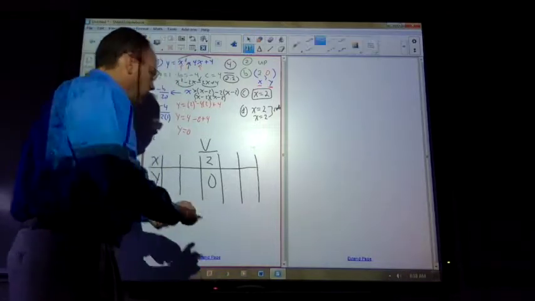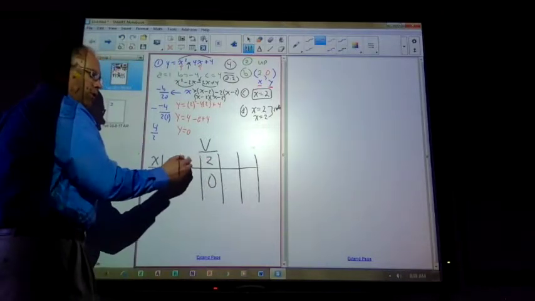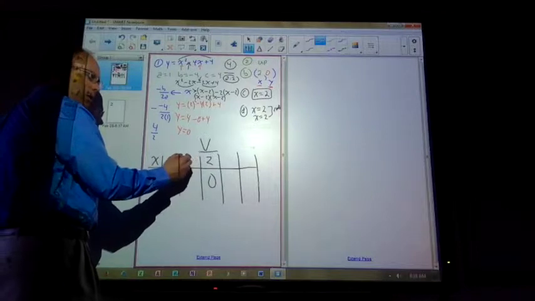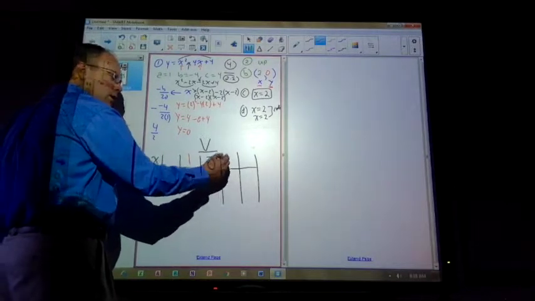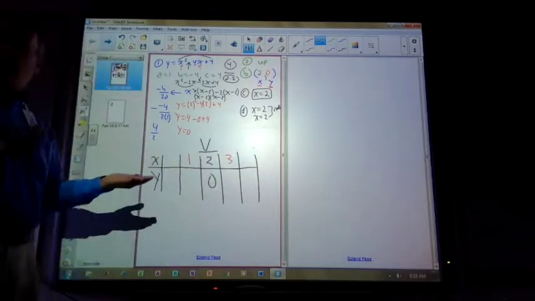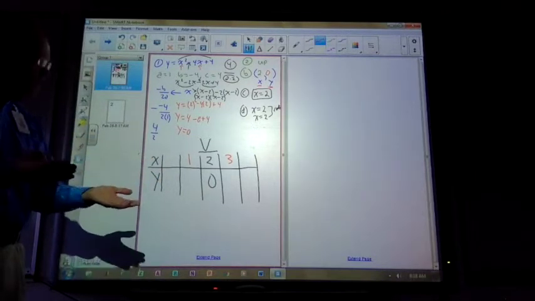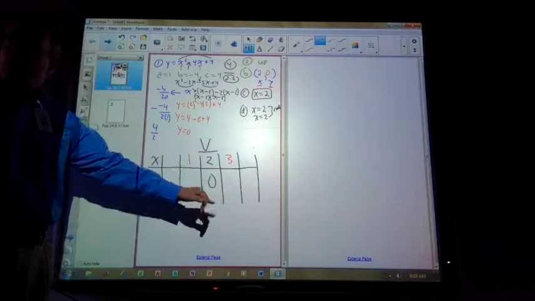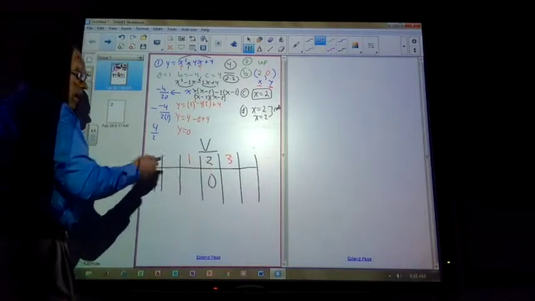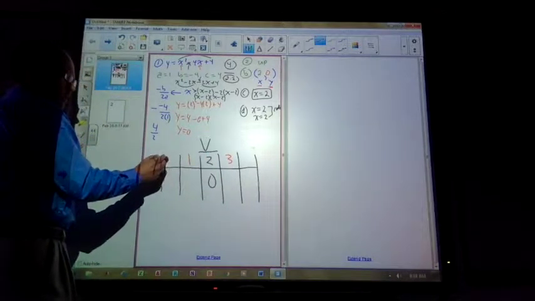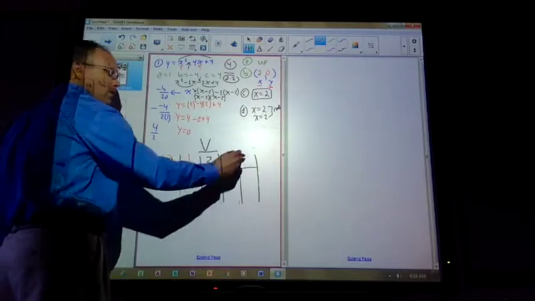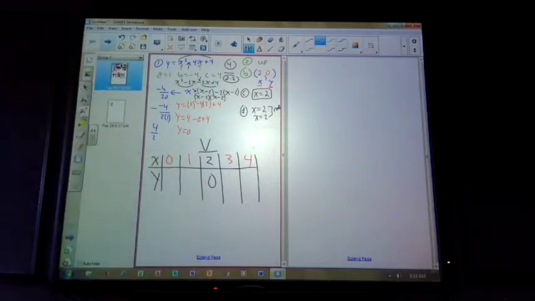I'm going to take a number to the left of 2, which would be 1, and a number to the right would be 3. Because it's symmetric over the axis of symmetry, this should give me the exact same y values. What's one more value this way? 0, and what's a value this way? Everyone feel okay with how I just generated that table? Is the table done? No.